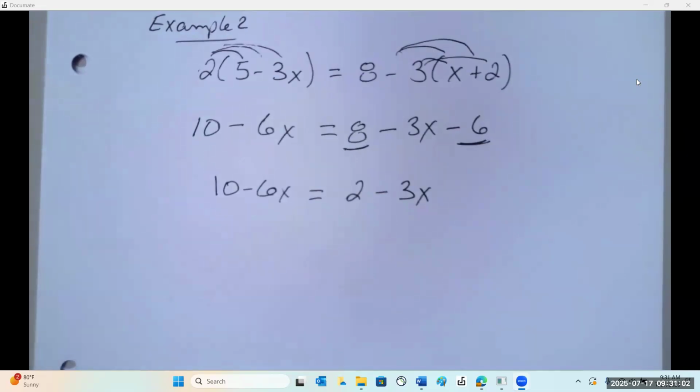Well, you have to get x's on one side. So which x do we move? So here.